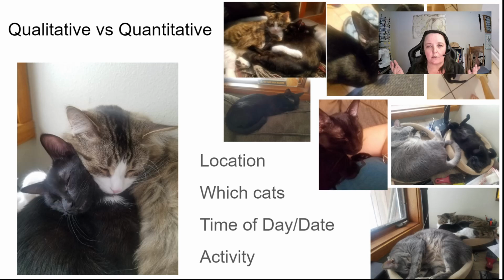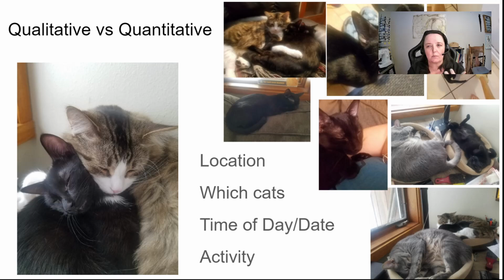You can describe that photo and things about the cat, like what color it is, what it's doing, its expression, and stuff like that. These are not numerical or quantitative qualities. These are qualitative, right?